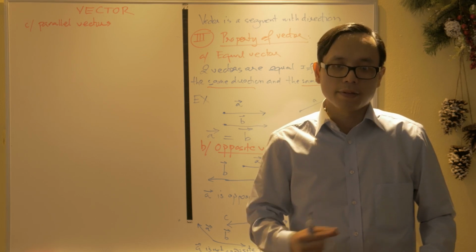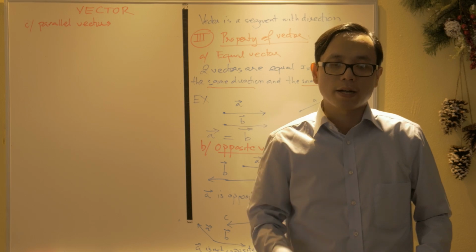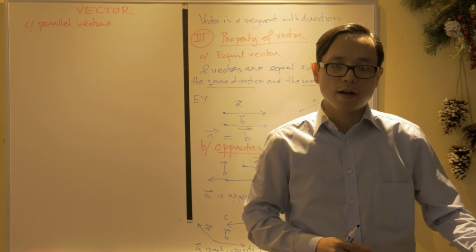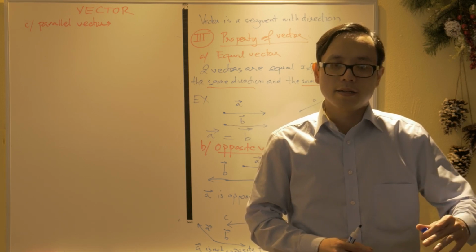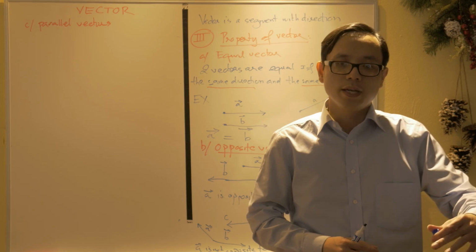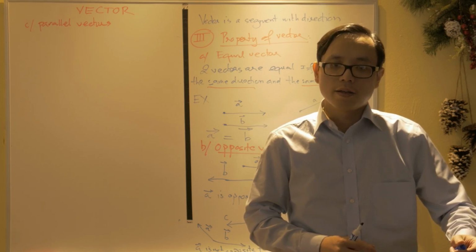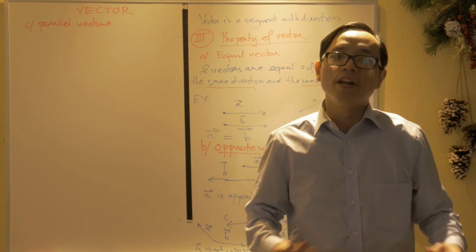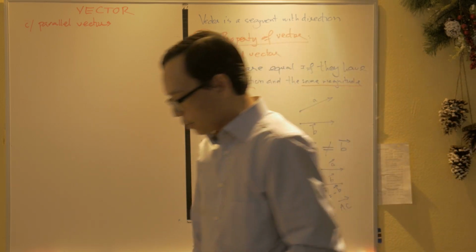But in vector analysis, when we're talking about parallel vectors, it's not just about two vectors being parallel the same way as we learn in geometry. However, two vectors can be called parallel to each other if they are collinear. If they are collinear, they can be parallel to each other.